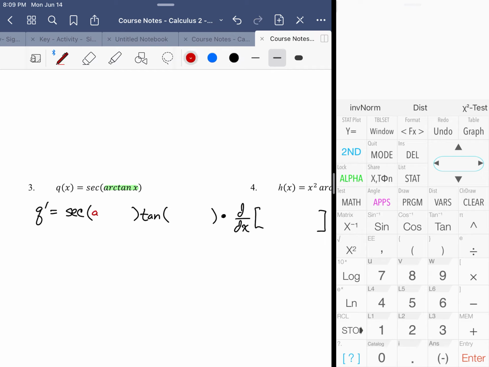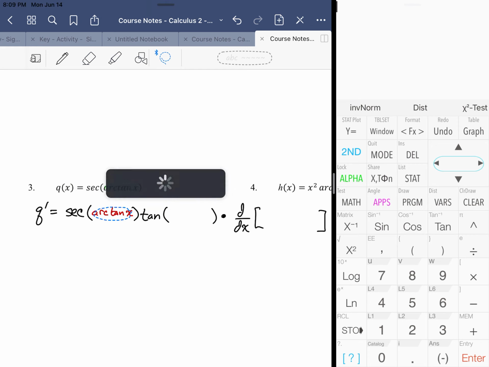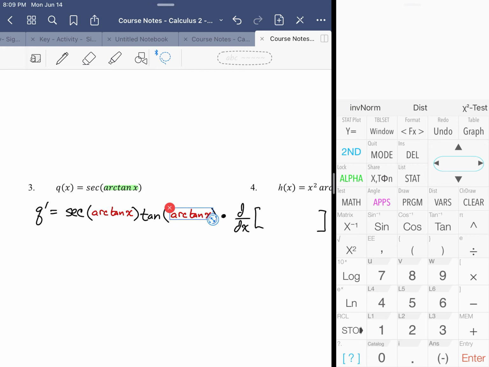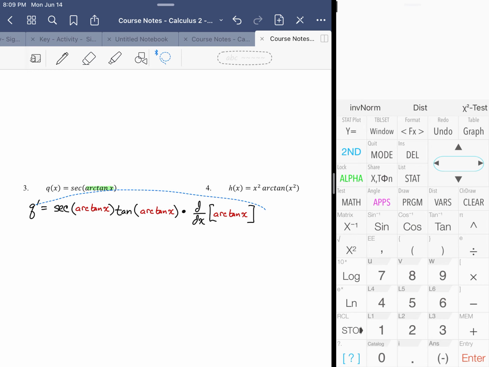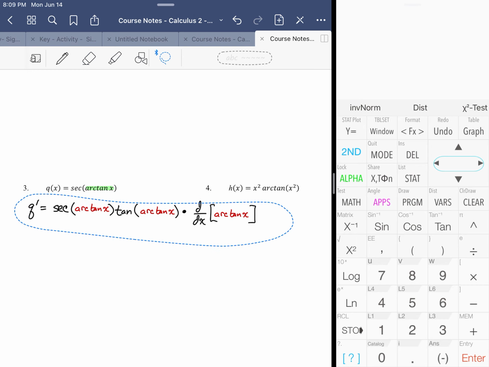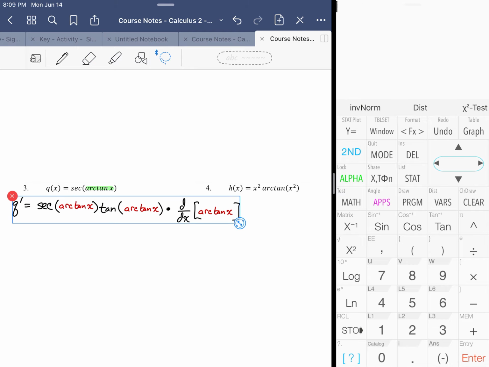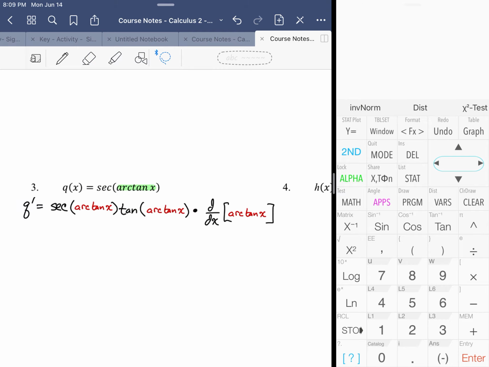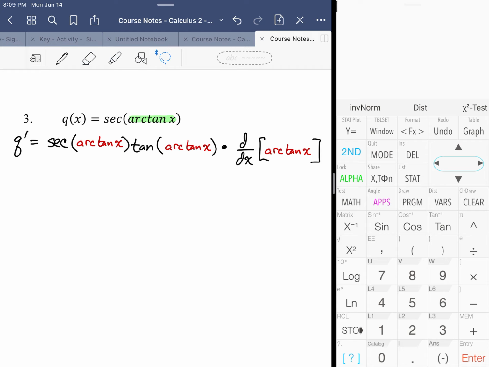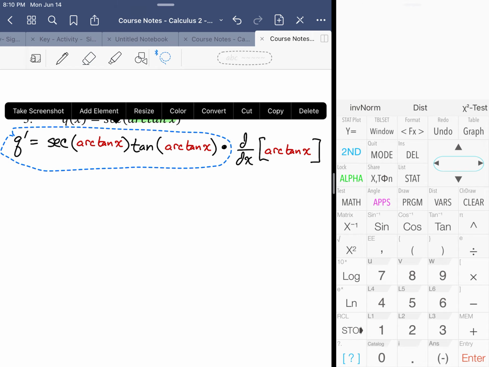So that inner function again is arctan of x. Now I just need to be able to figure out what the derivative of the arctangent of x is. Fortunately, that's exactly one of our rules.